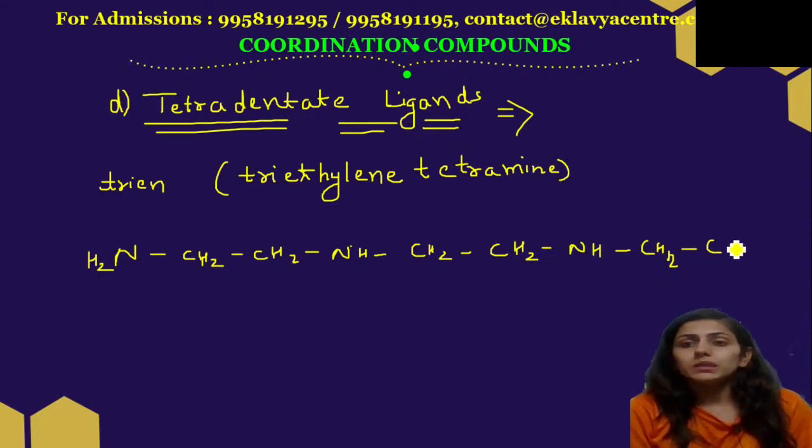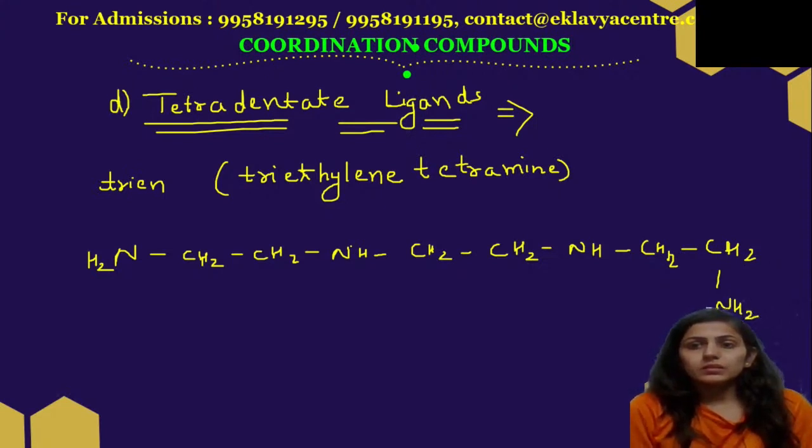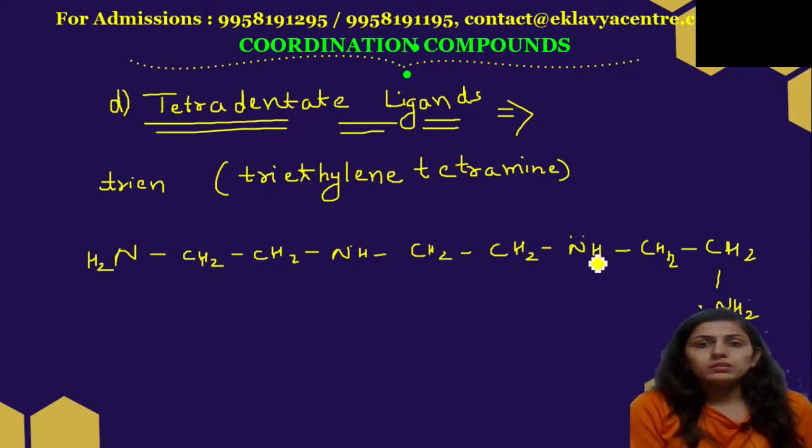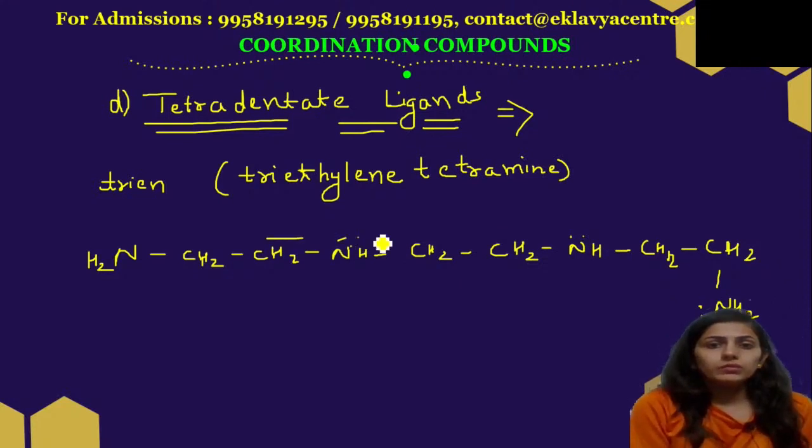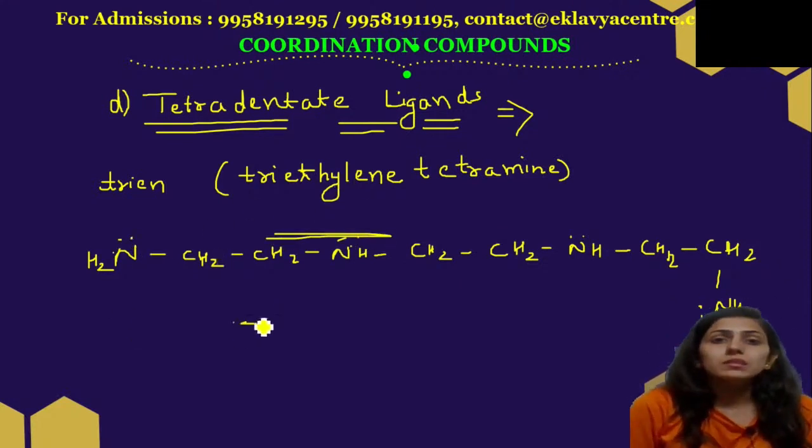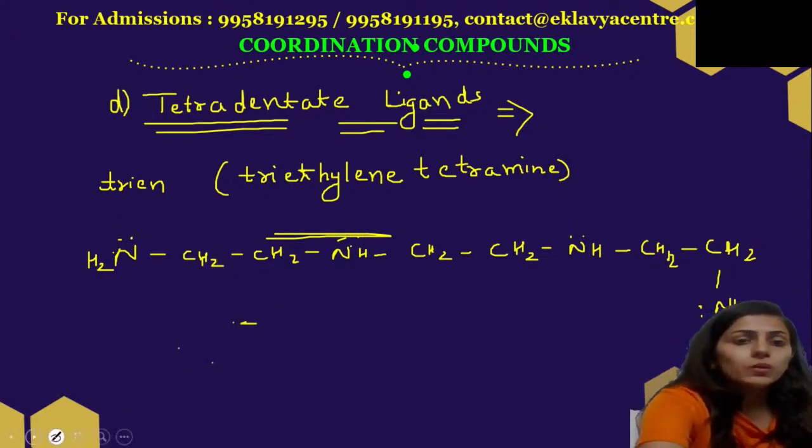Triethylene tetramine means 3 CH2CH2 groups, so we have 3 ethylene groups present. There are 1, 2, 3 and 4 donor atoms with lone pairs, right? 4 lone pairs means the denticity is 4. That is why we call it a tetradentate ligand.